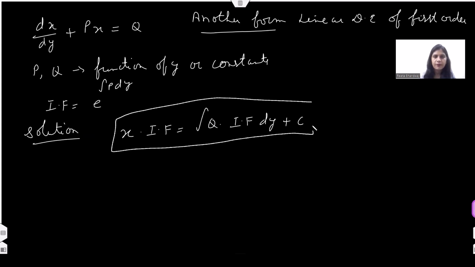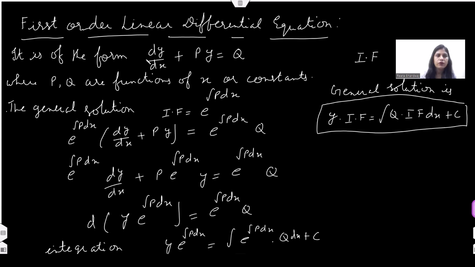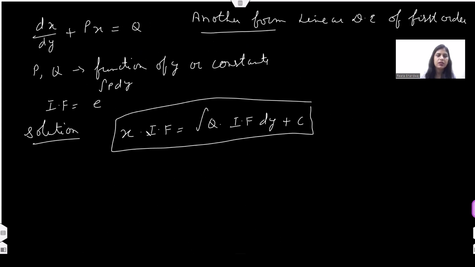So this would be the general solution of this type of linear differential equation of first order. These are the two forms of first order linear differential equation. This is the first one and this is the second one.